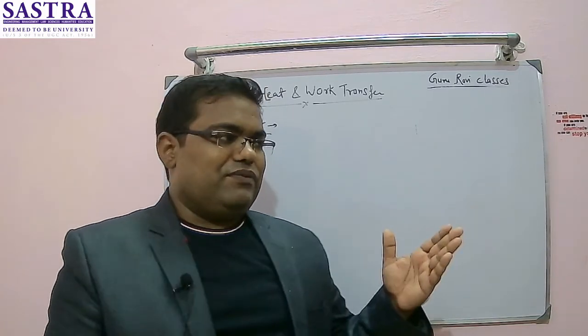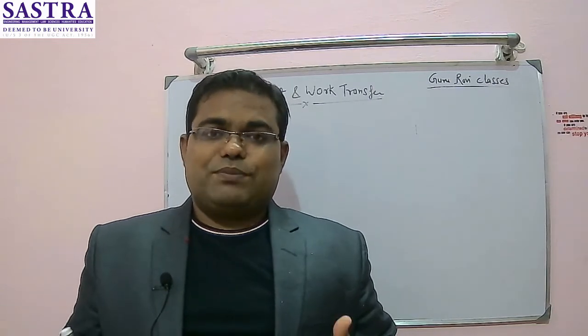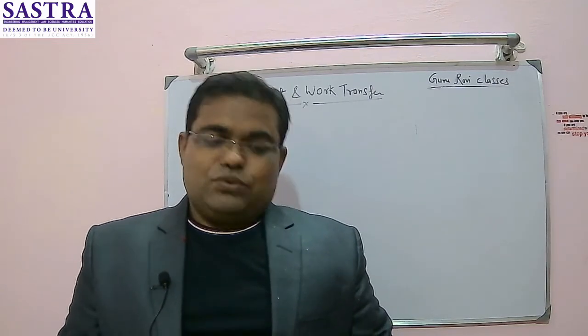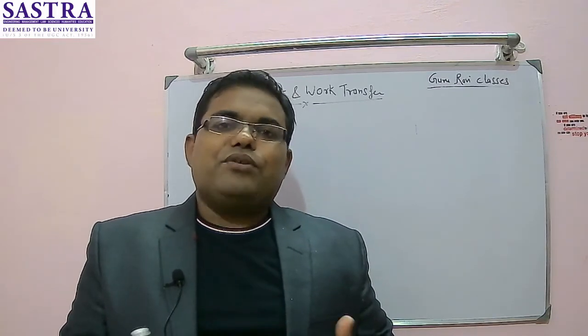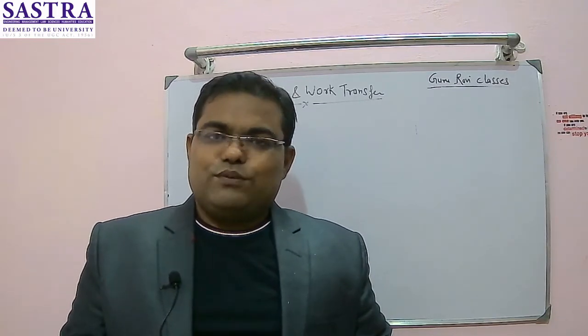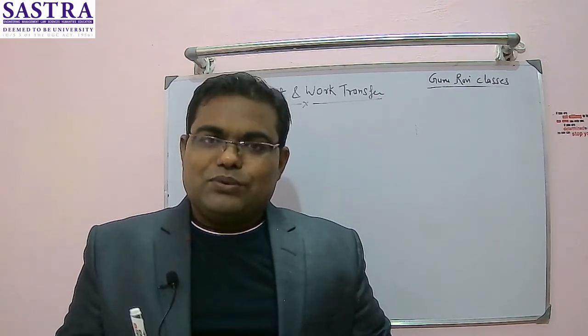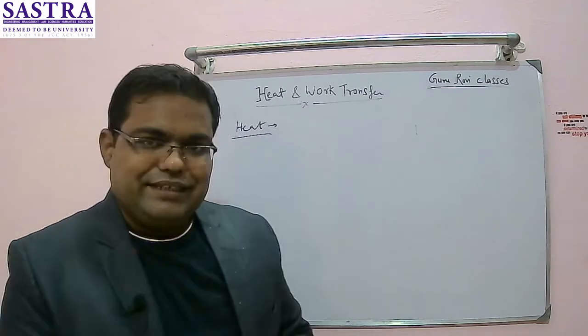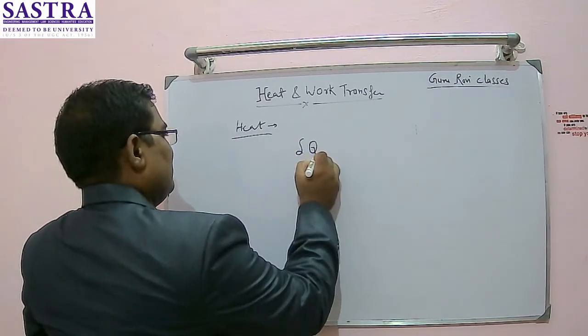If I want to define heat at a single state, I cannot, because it depends on the type of process. As this is not a property of the system, I cannot write an exact differential for it. So this will be an inexact differential. If I want to write a change in heat, I need to write it this way: δQ.